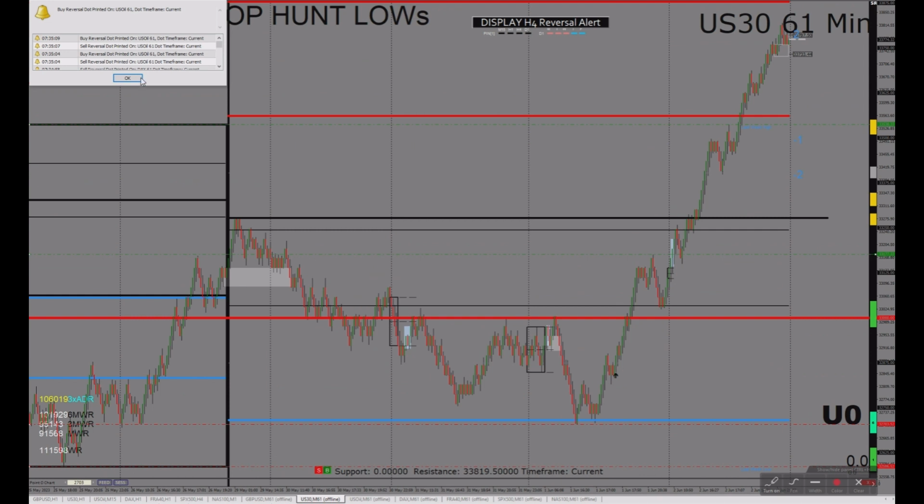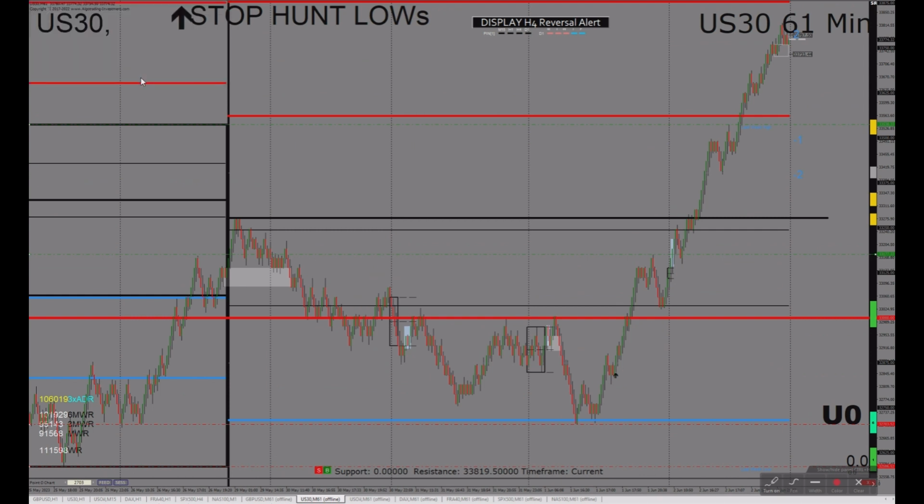So that's my analysis for these pairs. It's not trading advice. It's not anything like that. It's just how I see the market and how I use these indicators to help me form a bias. And I've been right. I'm not always right, but when I'm wrong, it's going to be my entries.